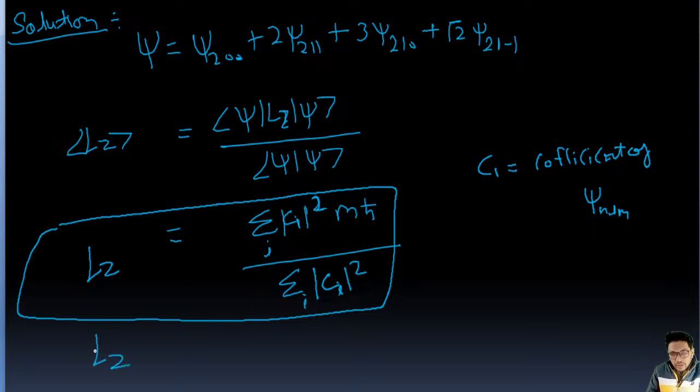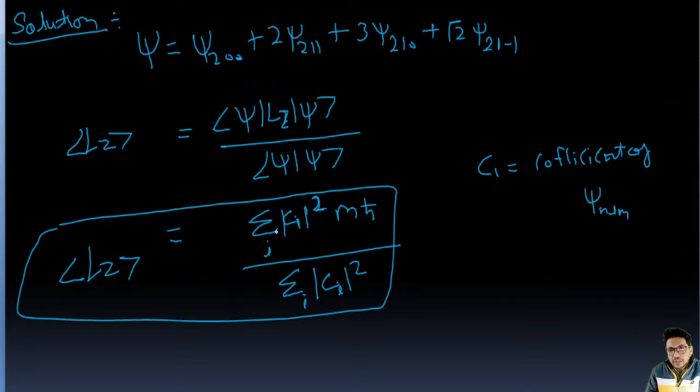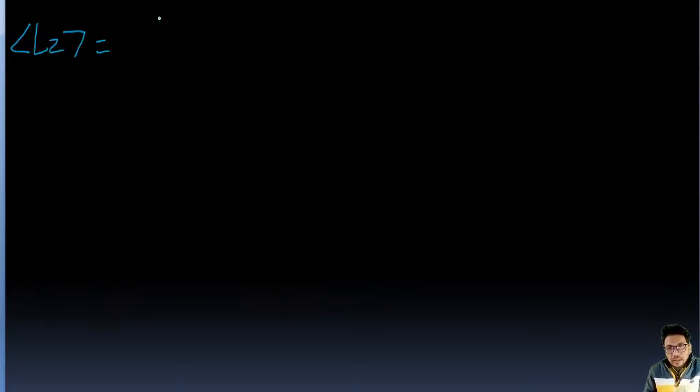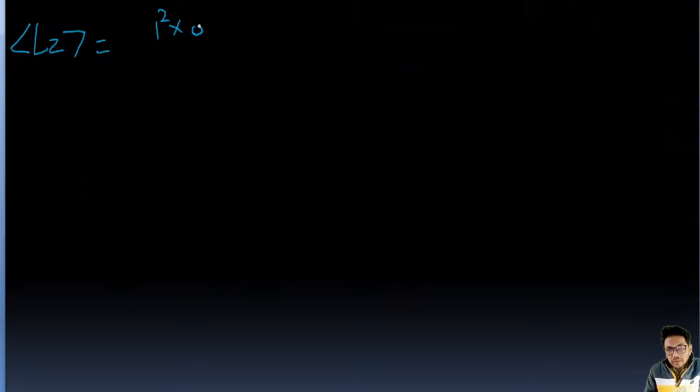Let's solve now. The expectation value of Lz is sigma of mod square of Ci times m h cut. For the first term the coefficient is 1, so 1 square into the value of m, which is 0, into h cut.